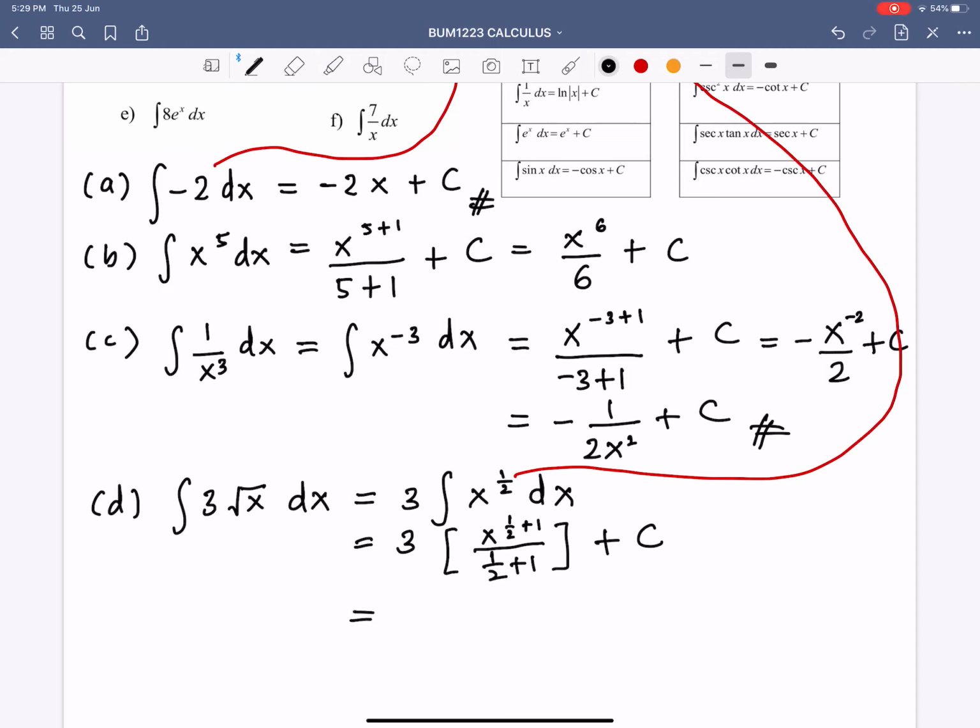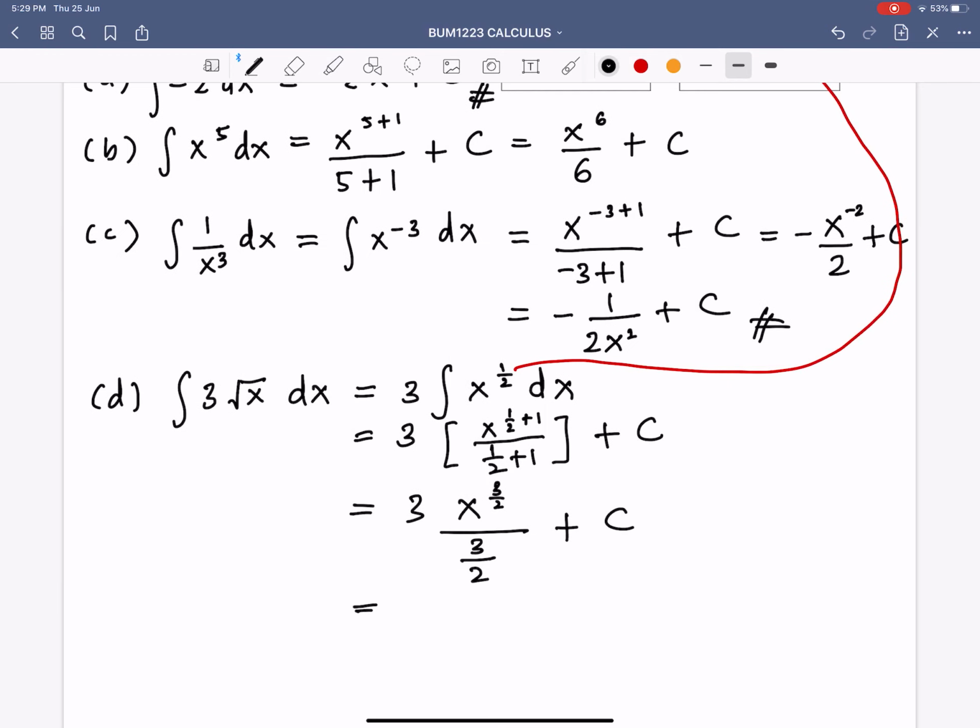So this is equal to 3 x power of 1 over 2 plus 1, which is 3 over 2, over 3 over 2, plus c. And if you see here, we have a fraction in a fraction. 3 over 2 is a fraction, and then it is in another fraction. So we want to rewrite this so that we just have a single fraction.